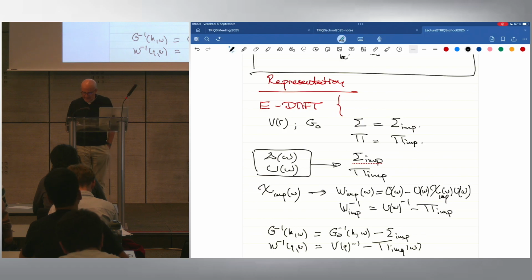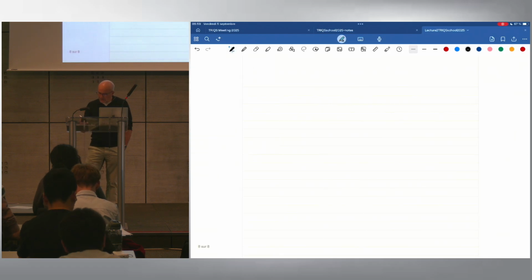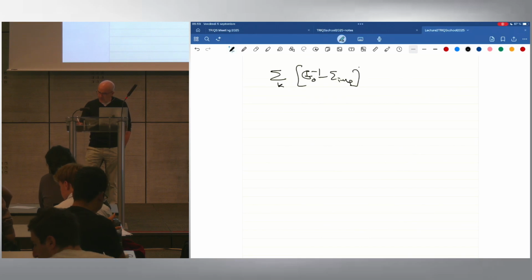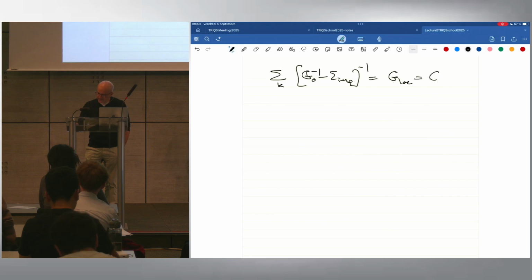And from this, I can recalculate the local quantities by doing sum over K of G naught inverse minus sigma imp, inverse. And this should be equal to G local, which I'm going to identify by the representability assumption to G imp.